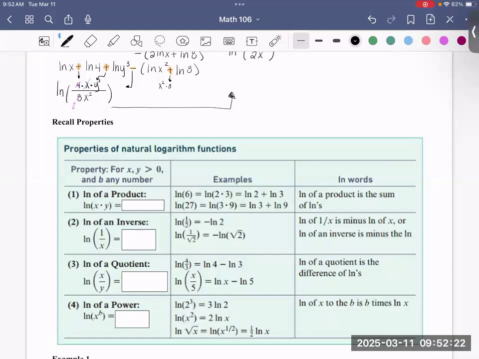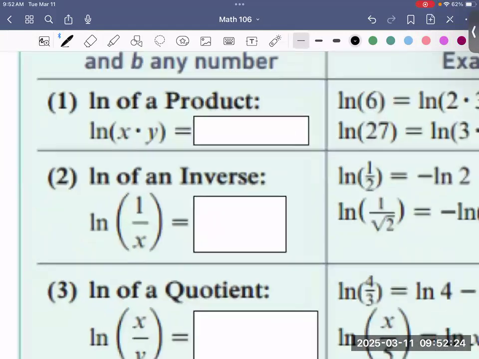So here you have your product property, where it says that if you have some sort of multiplication symbol, and it could be the implied multiplication, not always do you see that symbol, we can break it up and make it addition. That is the addition between some sort of x and y.